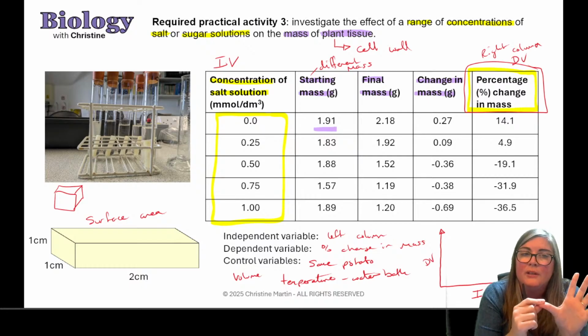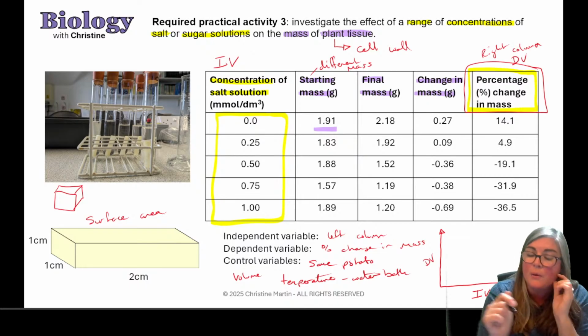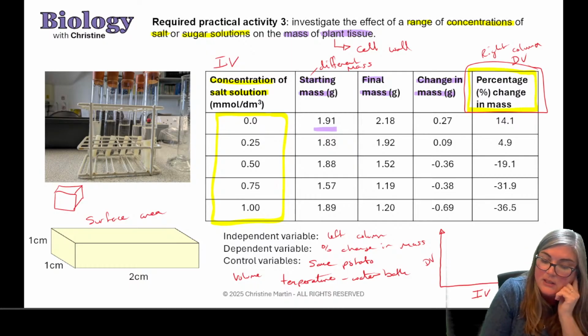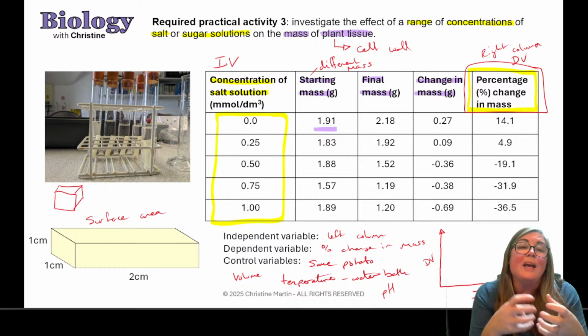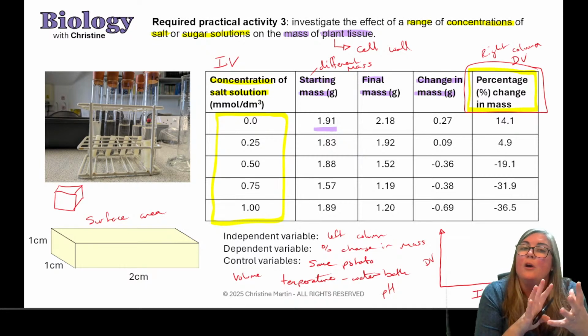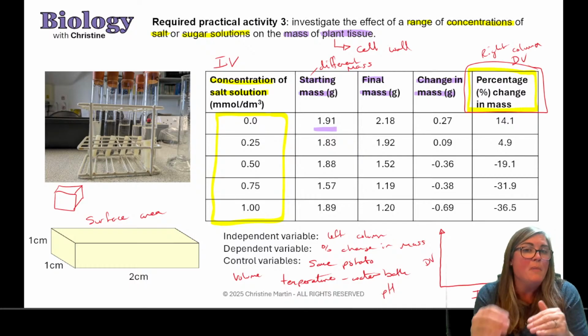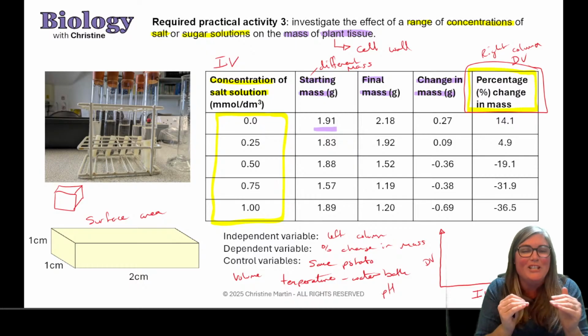There's one other that I would need to consider potentially if I am going to plan an investigation. And the other variable that I would always say to think about is what's known as your pH. So pH can have an effect on the structure of the membrane. So I'm going to remind myself in my head that this is GCSE level.